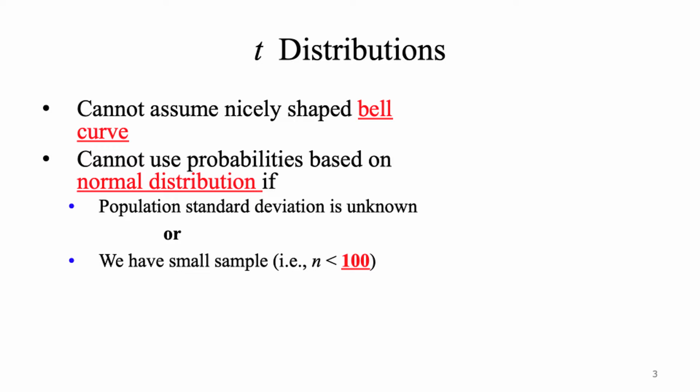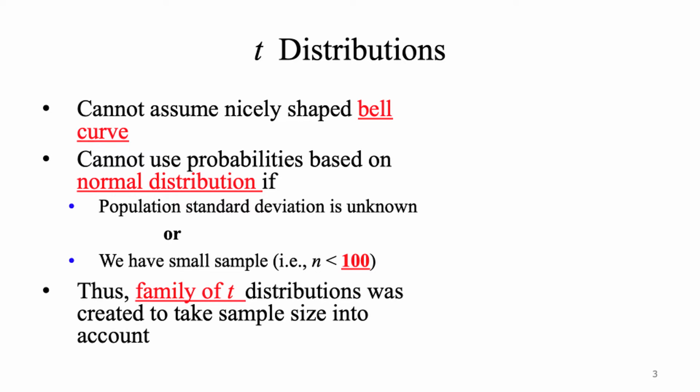So when the sample size is less than 100, the shape of the T-distribution will differ from that of a Z-distribution. Once you have about 100 subjects in your sample, the Z-score and T-score are interchangeable.